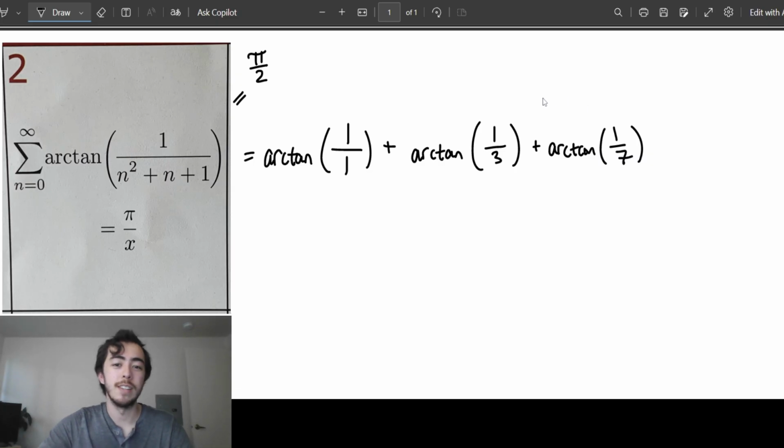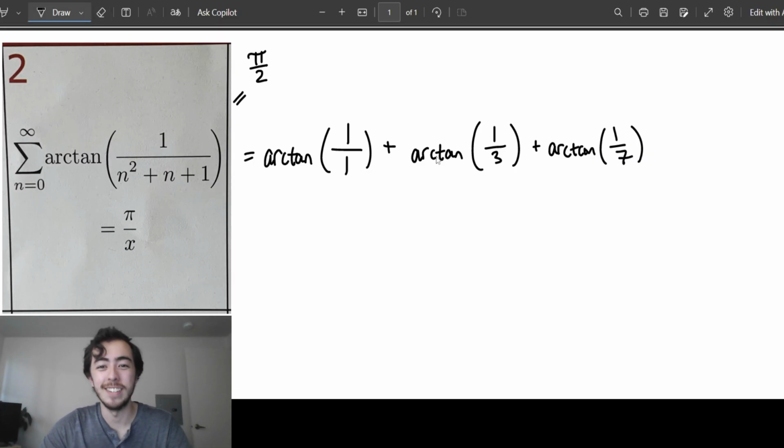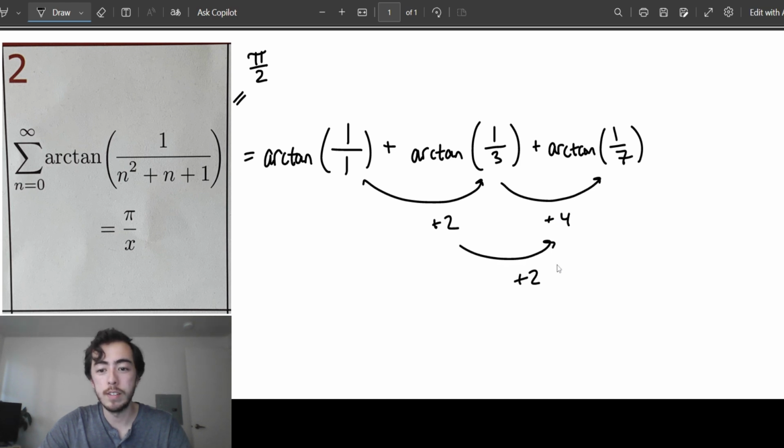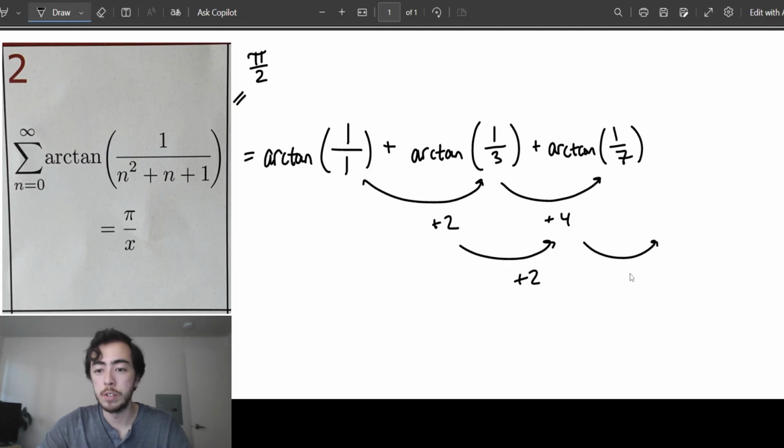Actually, I noticed that this is a quadratic expression, and so it has constant second differences. That means if you find the number to add from one to the next, and then you do that a second time, this second number here is always constant for any quadratic expression. So I know that it's going to be another 2 again, which means that this is a plus 6, which means this number right here is a 13.